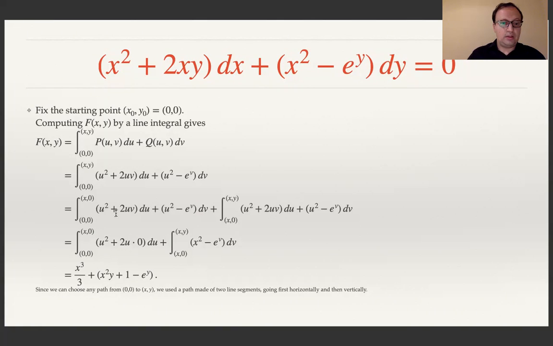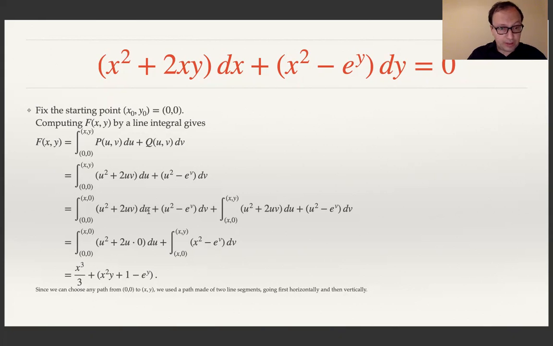So this means that the dv portion does not contribute, because dv is the vertical coordinate, so it's not going to contribute along a horizontal segment. So then we are just left with the integral of (u squared plus 2uv) du along the first segment.